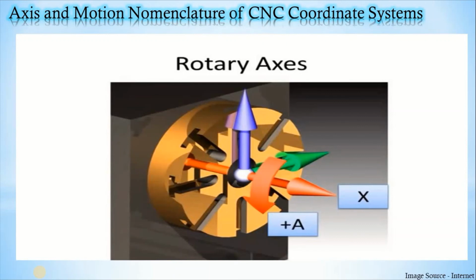B is the rotation about the Y axis, and C is the rotation about the Z axis. There we can get the movement in this direction.